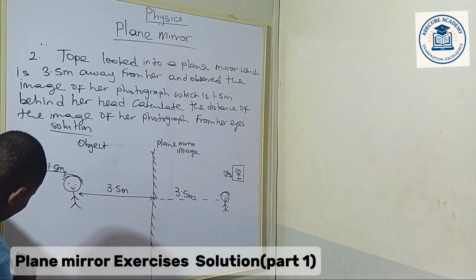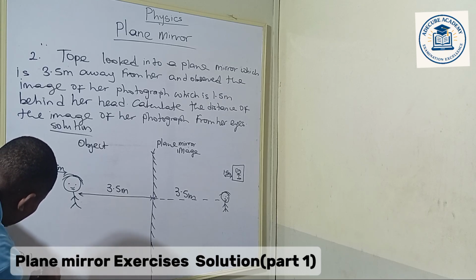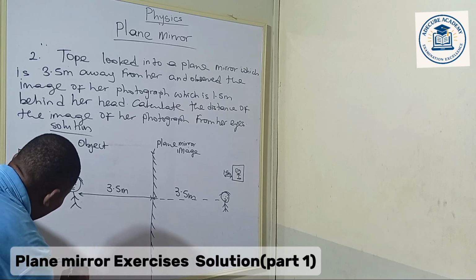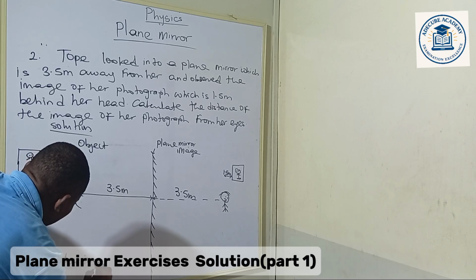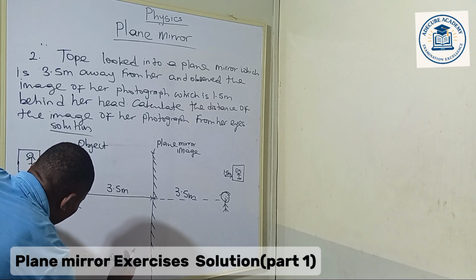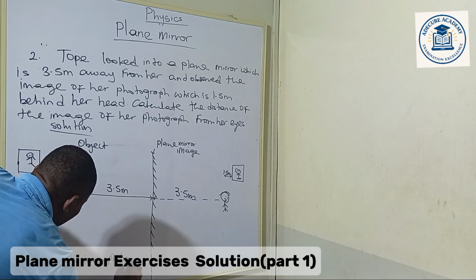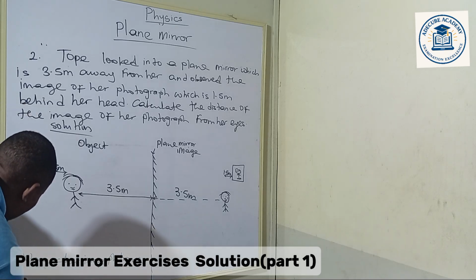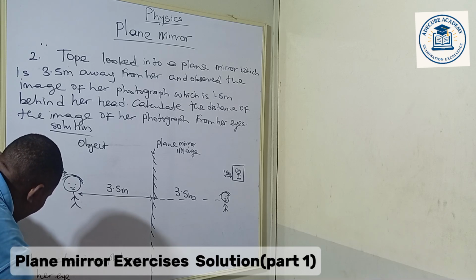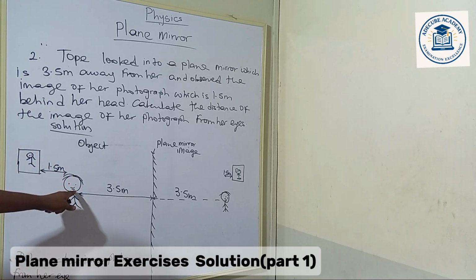So the distance of the image of the photograph from our eyes will now be equal to, now this is where our eyes are.